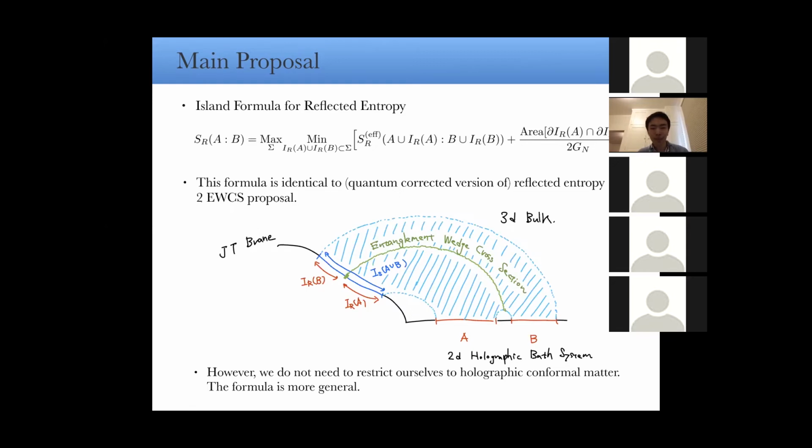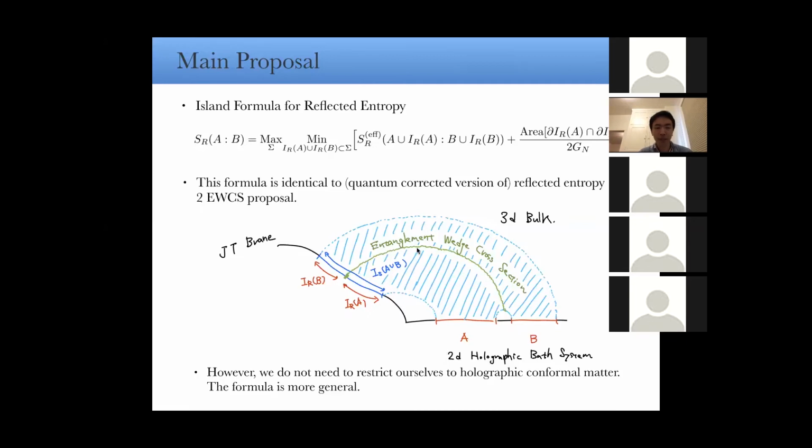And then if you consider the entanglement wedge for A and B, then the entanglement wedge cross section equal to the reflected entropy formula is just equal to the proposed formula for the reflected entropy, as you can see from the picture.